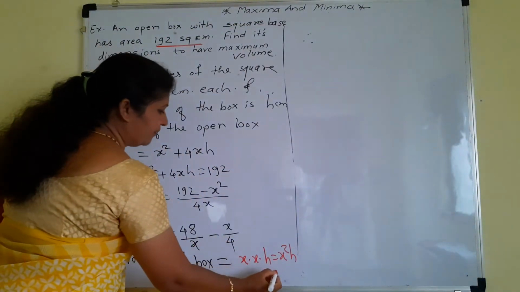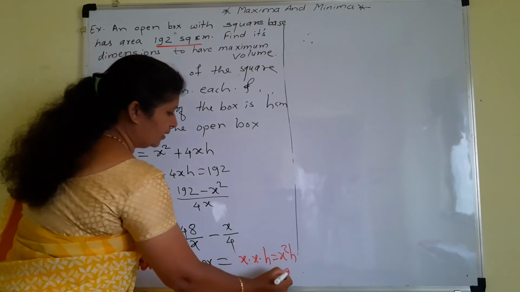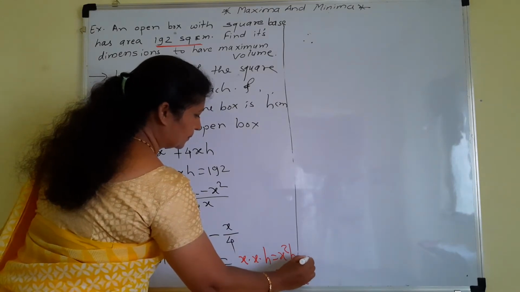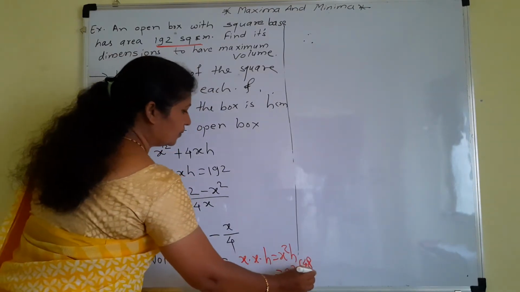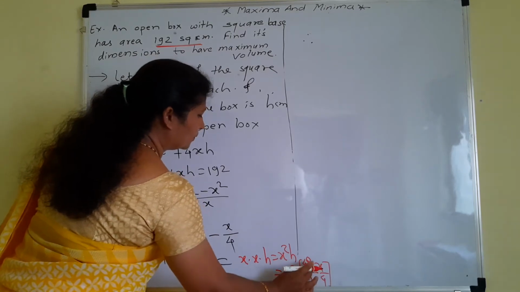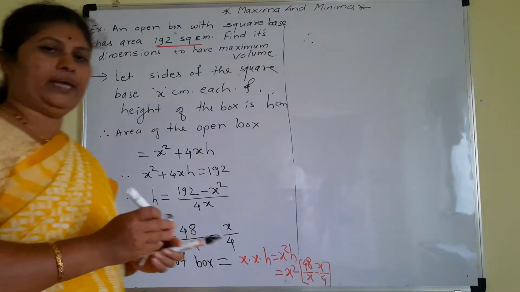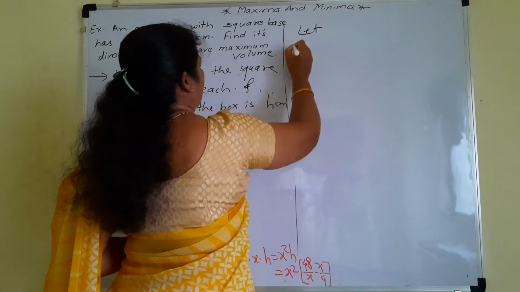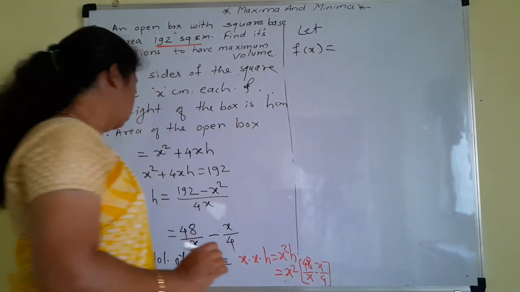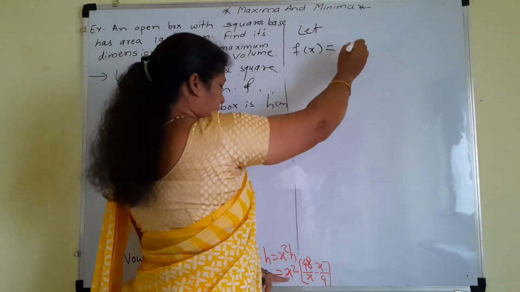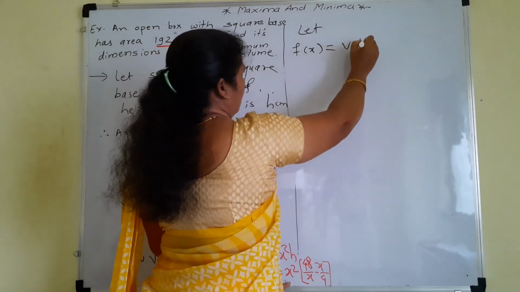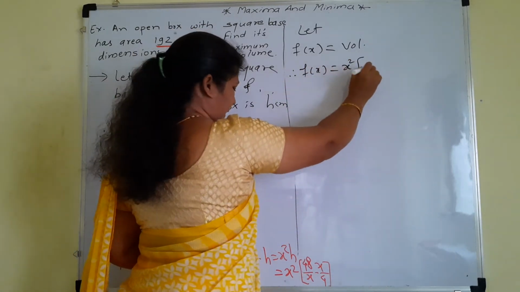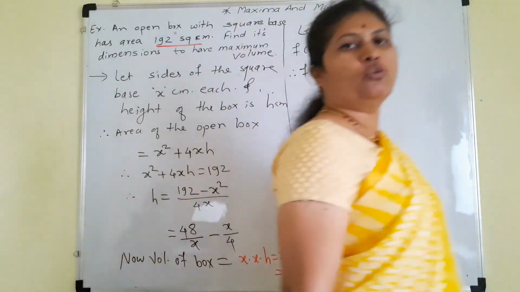This is equal to x square into bracket 48 upon x minus x upon 4.